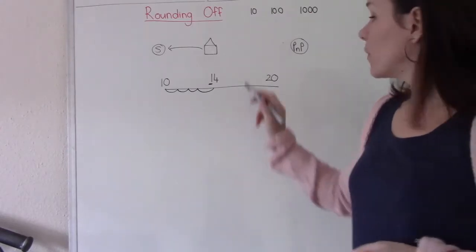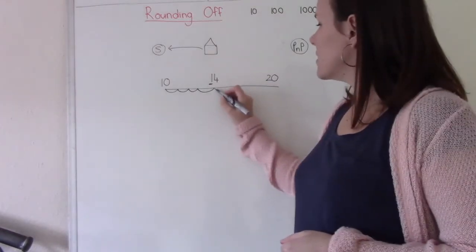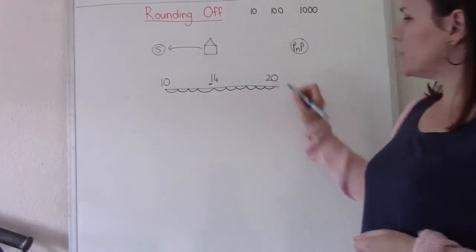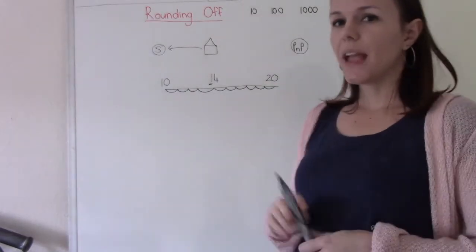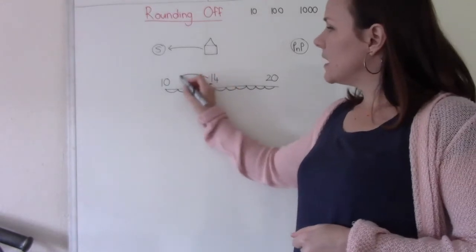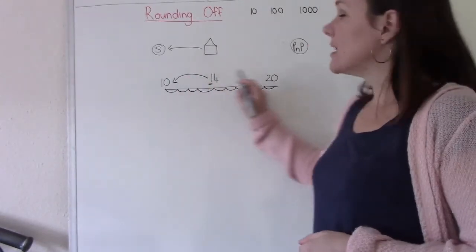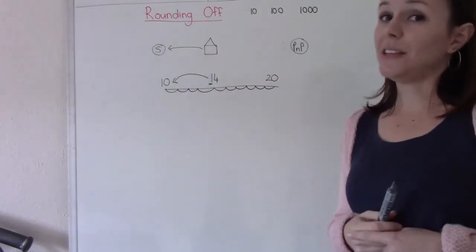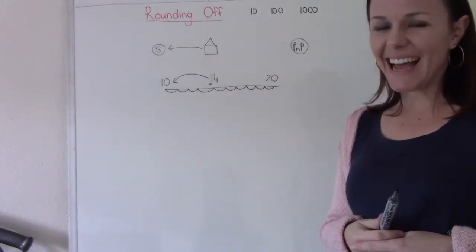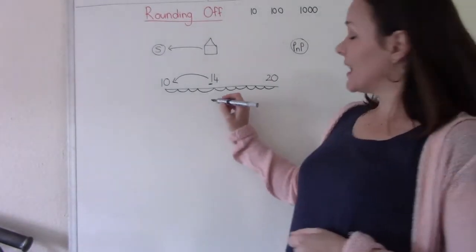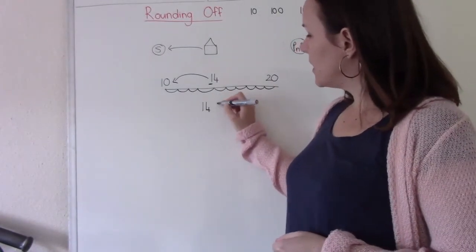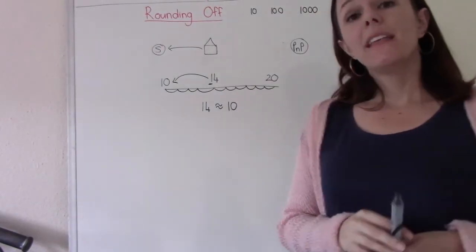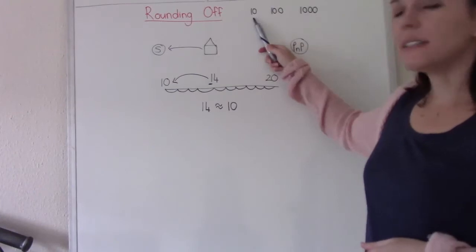But if I count from 14 to 20, there will be 6 spaces, because counting from 14 to 20, I need to add 6. That means that 14 is closer to 10 than it is to 20, in the same way that the Spar is closer to my house than the Pick n Pay. That's easy, hey? So we will write it like this: 14 rounded off to 10. That's when we round off to the nearest 10.